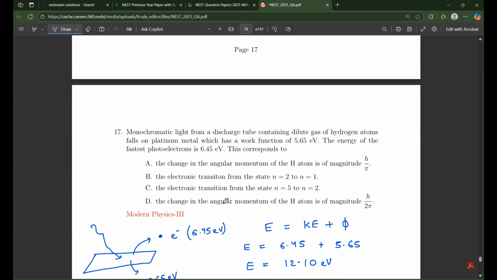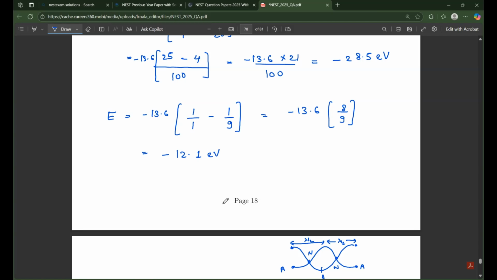We have to now check the angular momentum. Now for angular momentum we know that angular momentum must be an integral multiple of nh by 2 pi. The angular momentum L must be an integral multiple of this, where n is varying as 1, 2, 3.